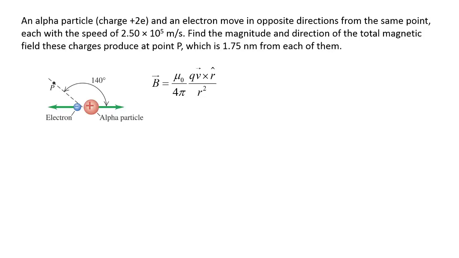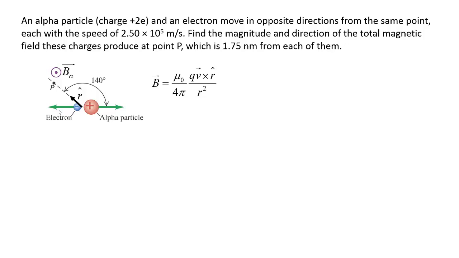The unit vector r, don't forget, is along the direction of the position vector for the point where we need to calculate the net magnetic field, as you can see in this case here. The magnetic field created by the alpha particle is oriented out of the page, according to the right-hand rule.